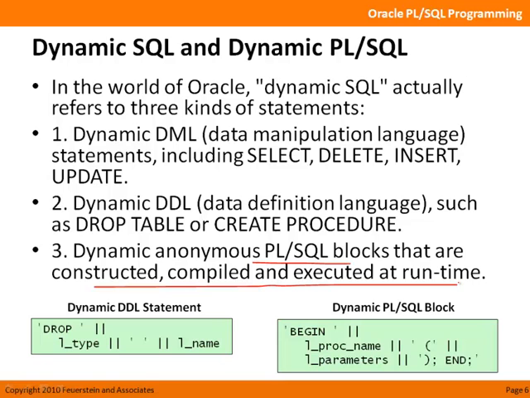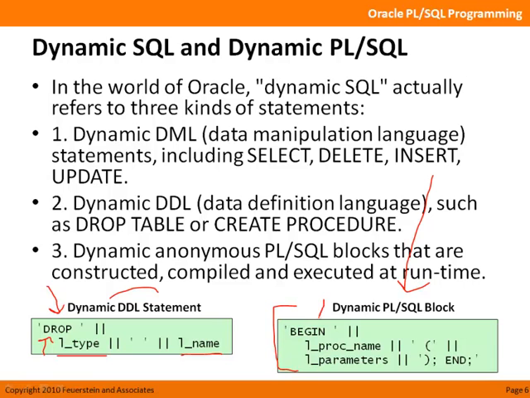Here are some simple little examples of the difference between these. Dynamic DDL: I construct a drop statement, drop the specified type for the specified name. That's a DDL statement, and it's constructed as a string and then executed at runtime. And then dynamic PL/SQL. Here's an example of an anonymous PL/SQL block in which I use begin end, and inside that call a procedure which is not named and not specified until runtime, and then pass in a parameter list.